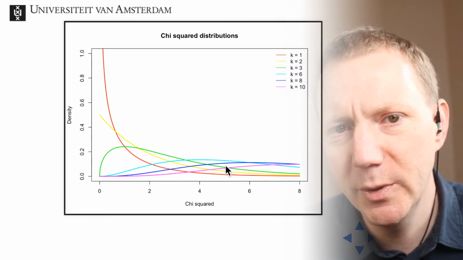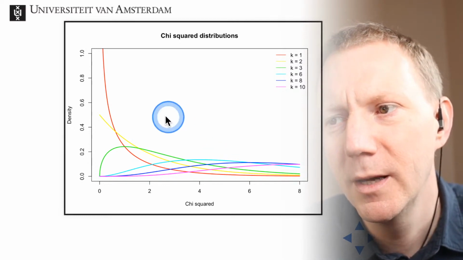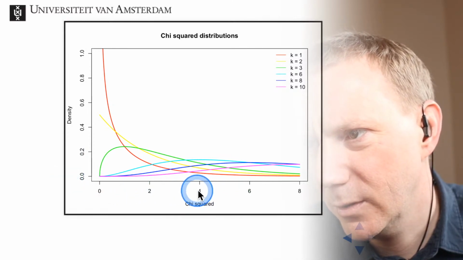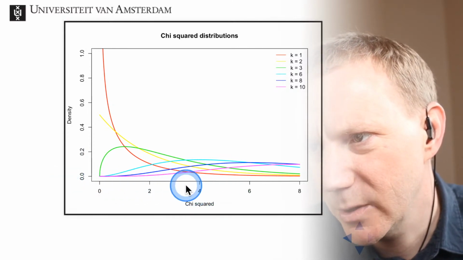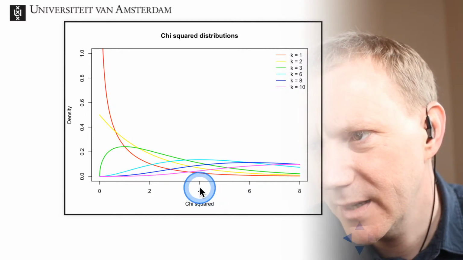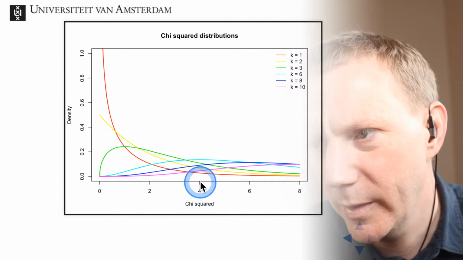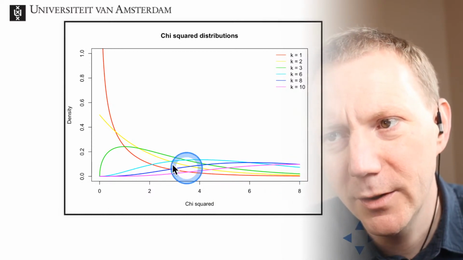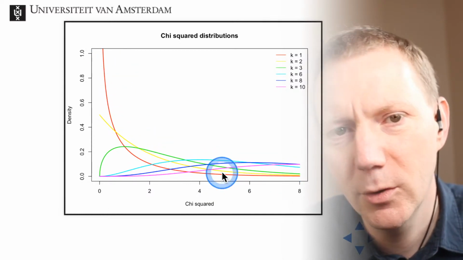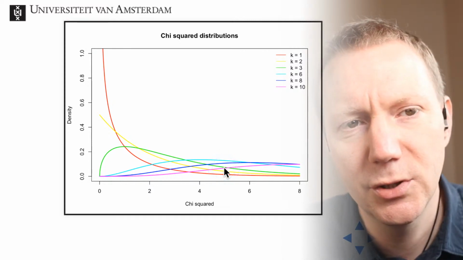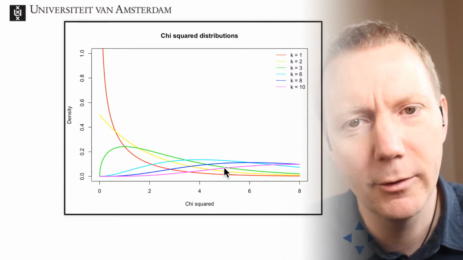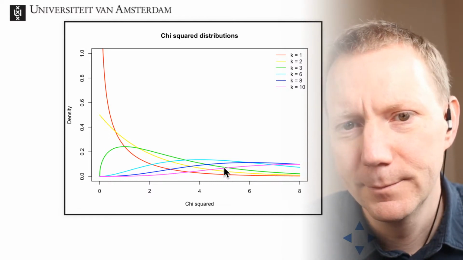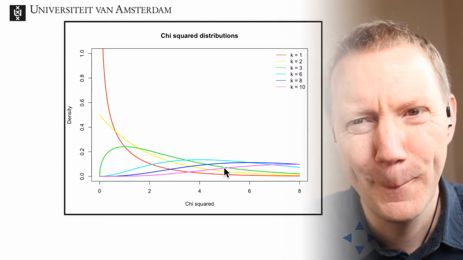You assume the null to be true, you find your data, and your data will have some value on the chi-square test, and you see what is the probability of such a value or more extreme under this assumption, and you compare that, of course, to your chosen type 1 error rate, your alpha. Okay, still clear?